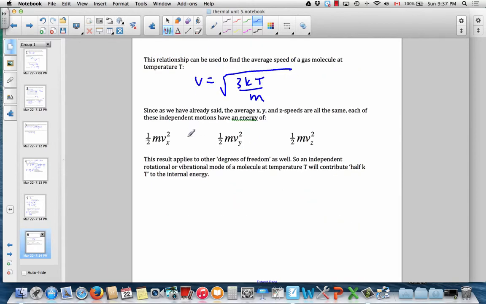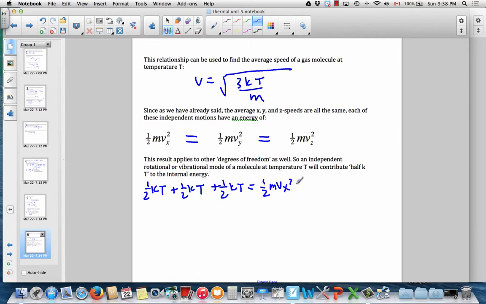Another result that emerges from this derivation has to do with the fact that the average x, y, and z speeds are all equal. If we look at that statement that 3/2 kT equals the average kinetic energy of our ideal gas, we can write that in the following way. Here's 3/2 kT written as the sum of 3 terms. And then that's going to equal 1/2 mv squared.